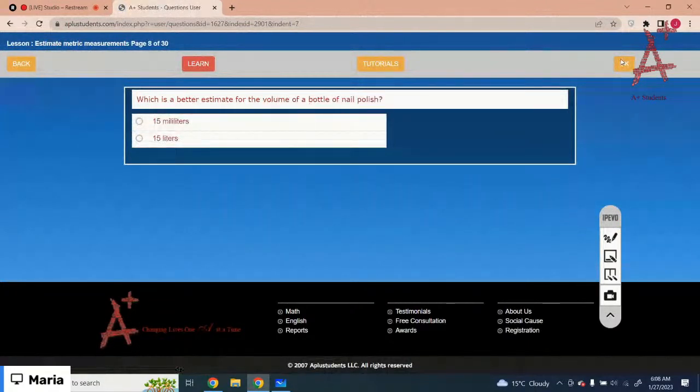Okay, which is a better estimate for the volume of a nail polish? Is it 50 liters or 15 milliliters? Which is the correct option? It would be 15 milliliters. Got it? Because 15 liters is a much greater unit.